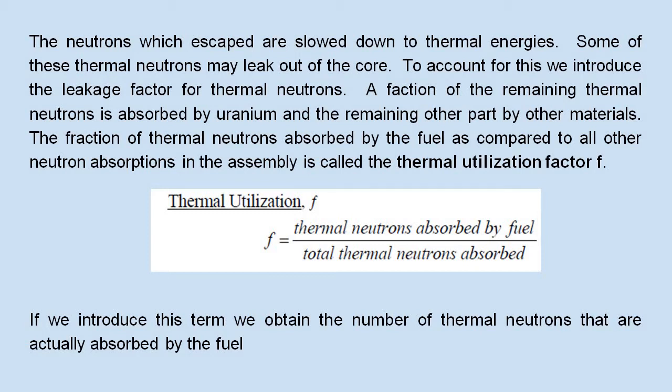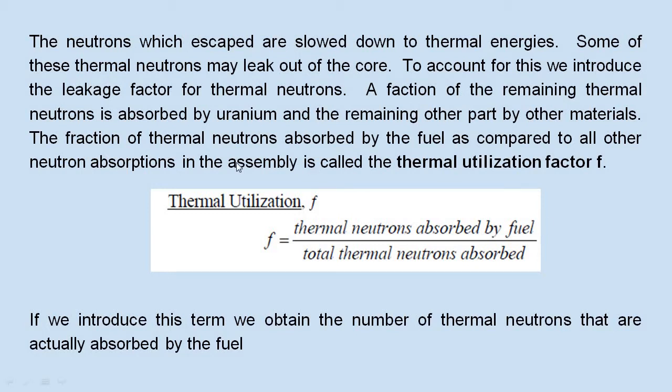And so you have a number of thermal neutrons produced, and from these thermal neutrons, some number is absorbed. And for that, we have the resonance condition. So the resonance absorption factor you have considered, and from that a small number is lost by leakage, and in the remaining, some number may be absorbed by other materials and the balance by uranium.